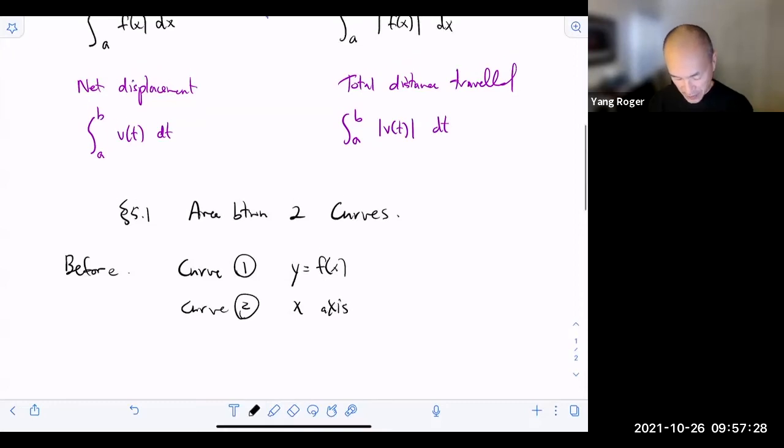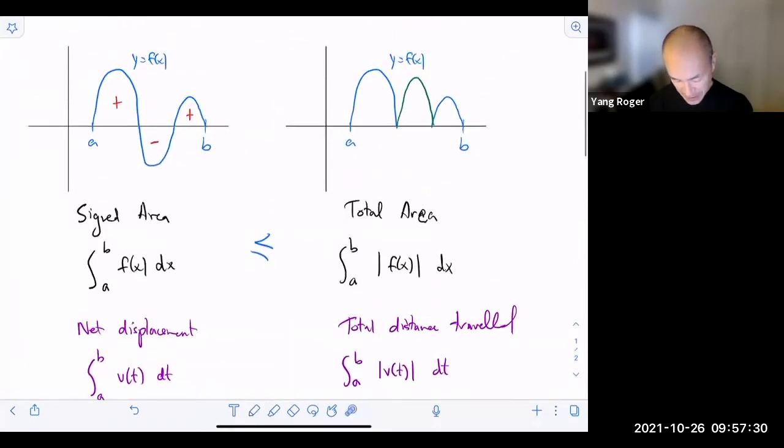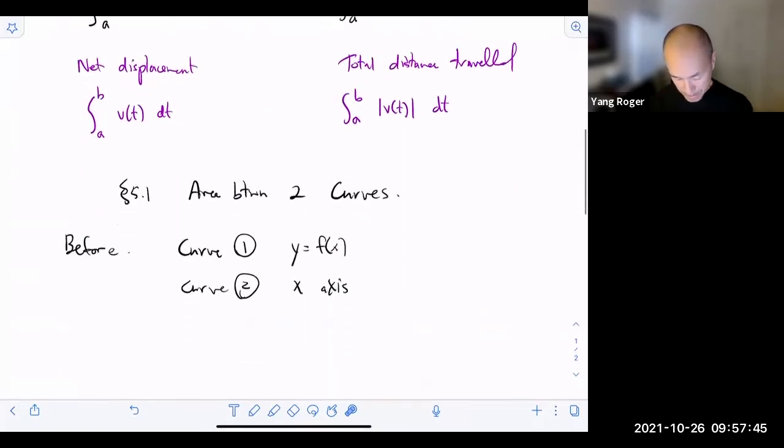So instead of thinking of this as an area under the graph, we can think of it as the area between this blue function and just the x-axis. So our second curve, I'm going to say, is the x-axis. The x-axis has an equation that's y is equal to 0, right?